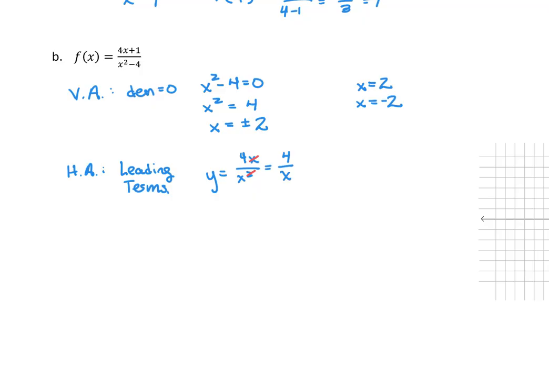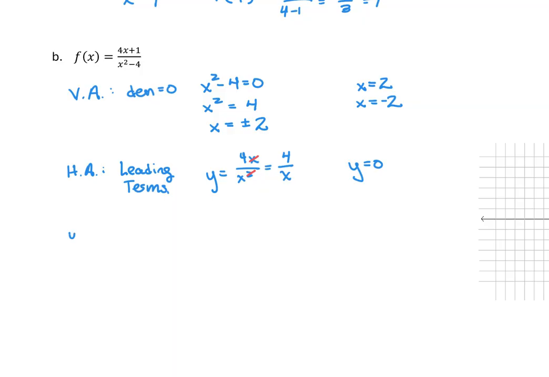But again, this is not a number, and because we still have x's in our denominator, remember what this means is as x gets really, really big, our fraction is going to get really, really small. And so we have a horizontal asymptote of y equals 0.